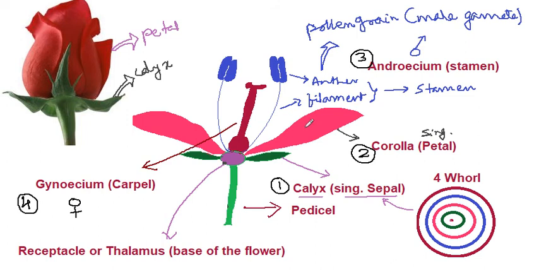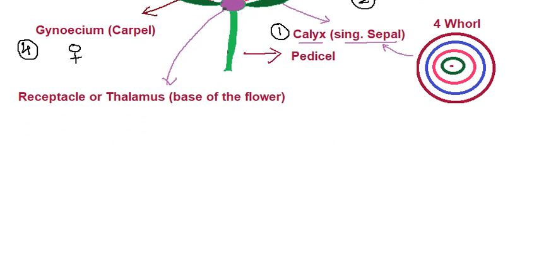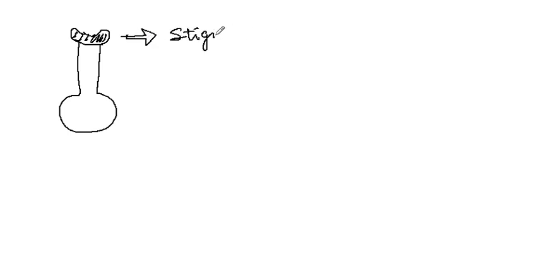Now if we magnify a gynoecium, we can see that it bears three distinct regions. This is a region which is broad and flat at the tip, so we call that region the stigma.